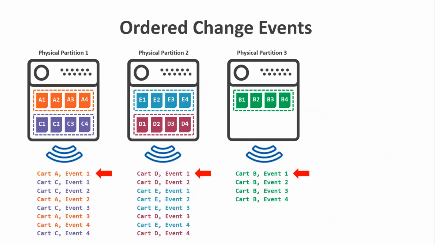Because you're a big Amazon.com, and so you're just scaling and scaling. And now if you look at each individual change feed and you scan it down and you look at the color coding, you'll see that per cart, all the events are in sequence, even as they're being shuffled around.